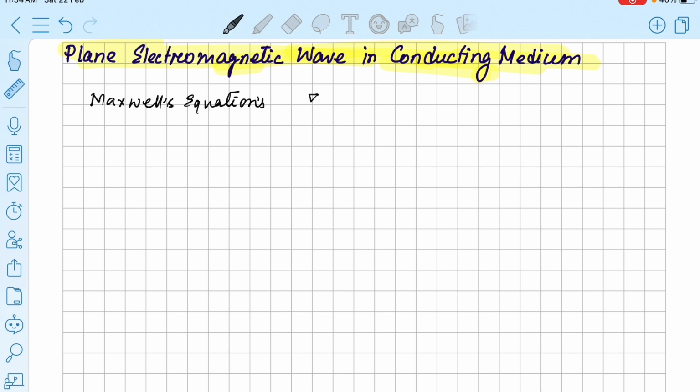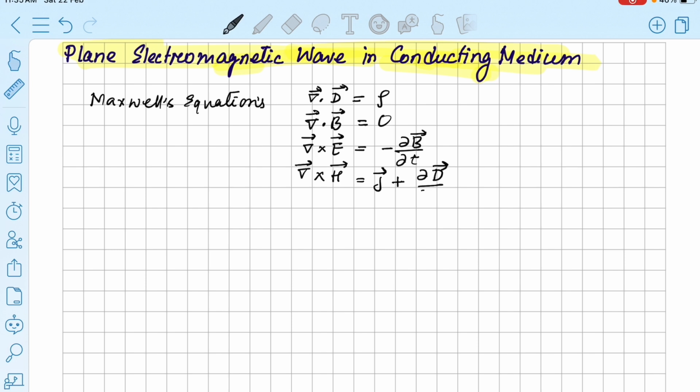We know divergence of D, which is the displacement vector, is equal to rho, and divergence of magnetic field vector B is equal to 0, and curl of E is equal to minus del B by del t, and curl H is equal to J plus del D by del t.